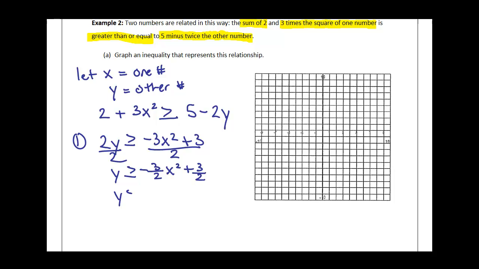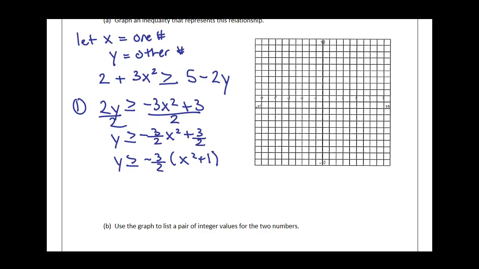So in this case, I would factor out the negative 3/2 and leave us with x squared plus 1. So when looking at graphing this, I would have now a vertex of negative 1, the opposite sign here, 0. It would open down because we have a leading negative here.